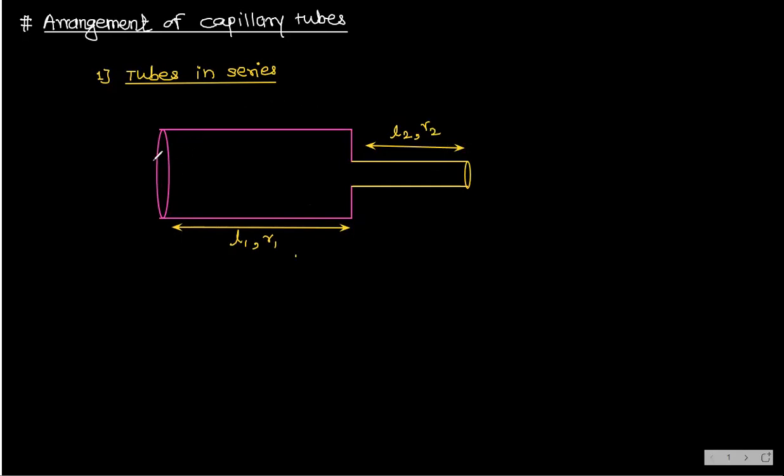Let pressure P1 here, here it is P0, and this side it is P2, because whatever the liquid is flowing through this is like this. Okay, right.